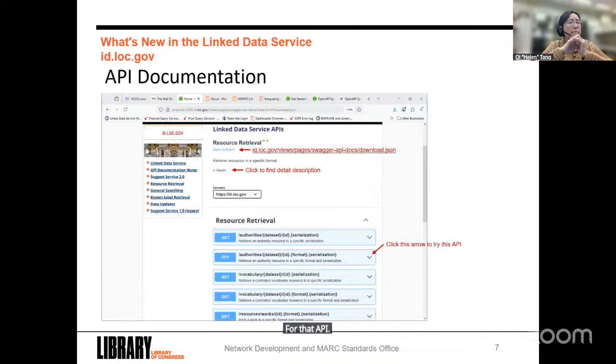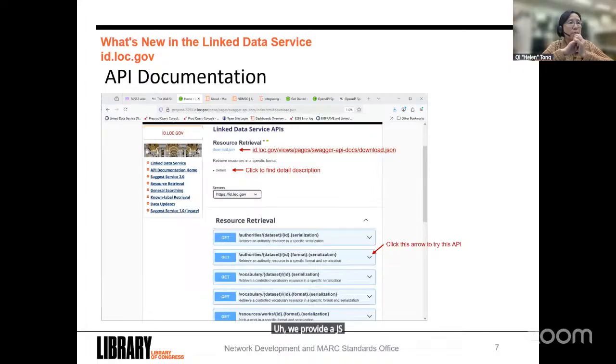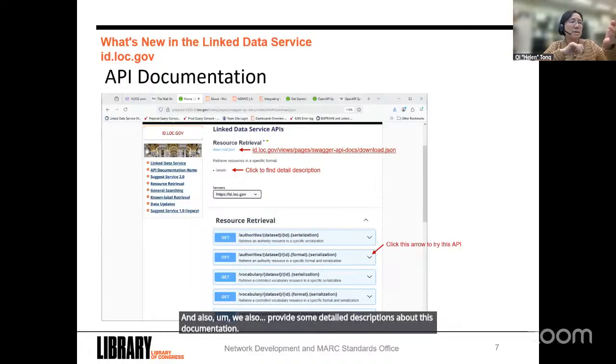There are several sections in each API documentation. At the top, we provide a JSON format documentation that you can download and maybe import into your application to use the API. We also provide some detailed descriptions about this documentation, and sometimes they're collapsed.